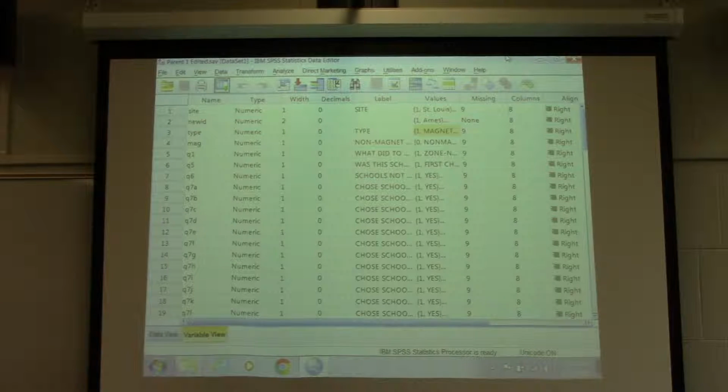An ANCOVA is a very useful test in my mind because it levels the playing field when you're comparing a dependent variable for two different groups that are very different. The classic example is in the case of schools.